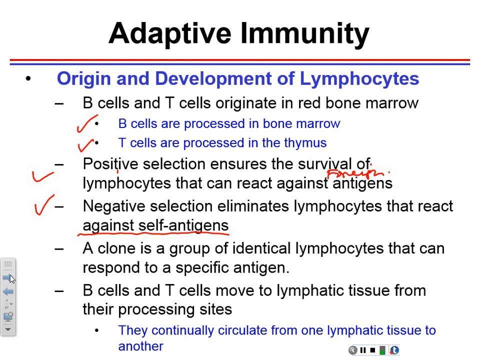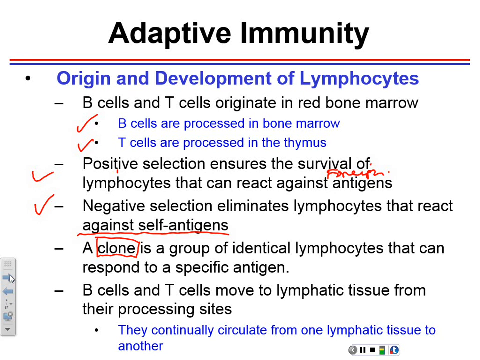Of making a mistake again and creating a cell that will attack the body. So that's how the cells then multiply, by cloning. Okay? So cloning is a way of ensuring that you have a cell that you know is going to react against foreign antigens. And so you clone it. You just make an identical copy of it and multiply it many times. All right?